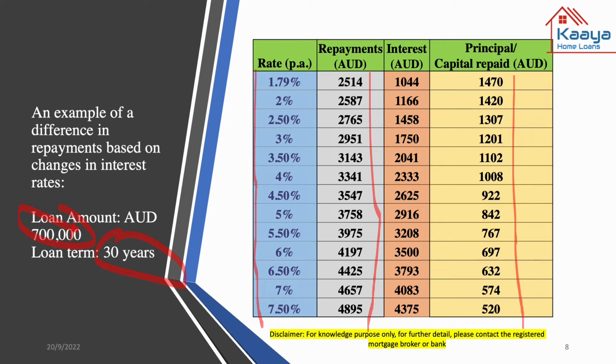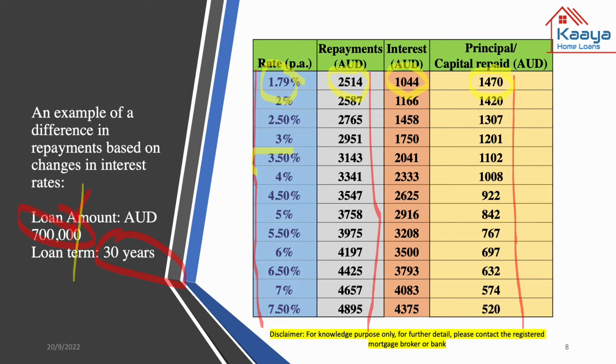With the same amount, when the interest rate is 1.79%, your repayment is 2,514 per month, and interest is very low, and the principal that you are paying to the bank is comparatively high.